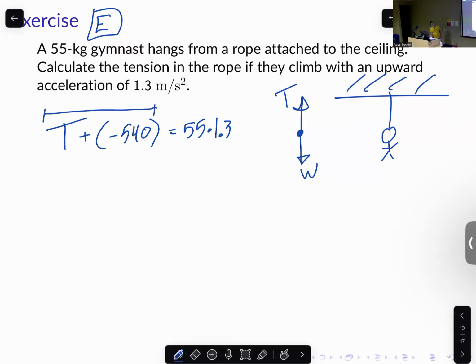I don't know tension, but I do know that gravity doesn't depend on your motion at all. Gravity just depends on being near a planet. Bazinga. And then you plug in and solve.